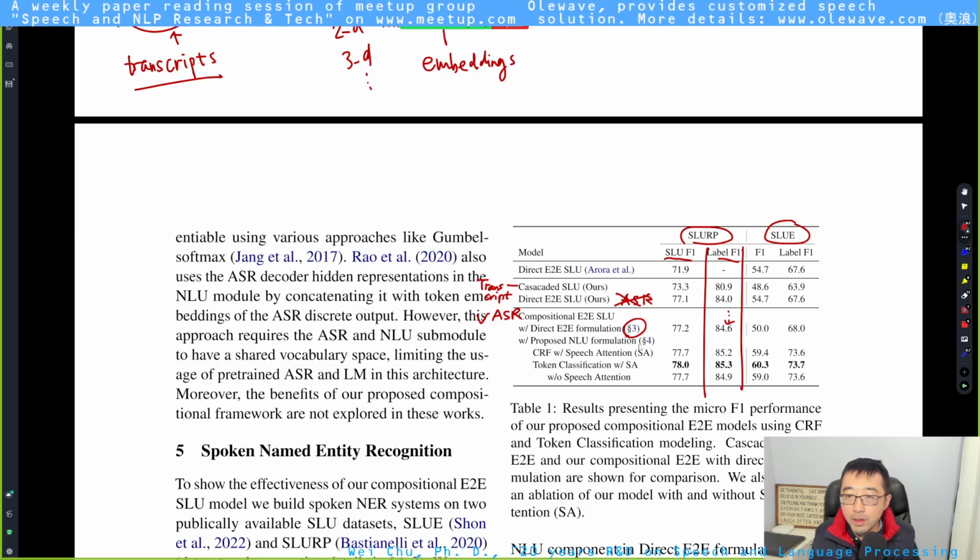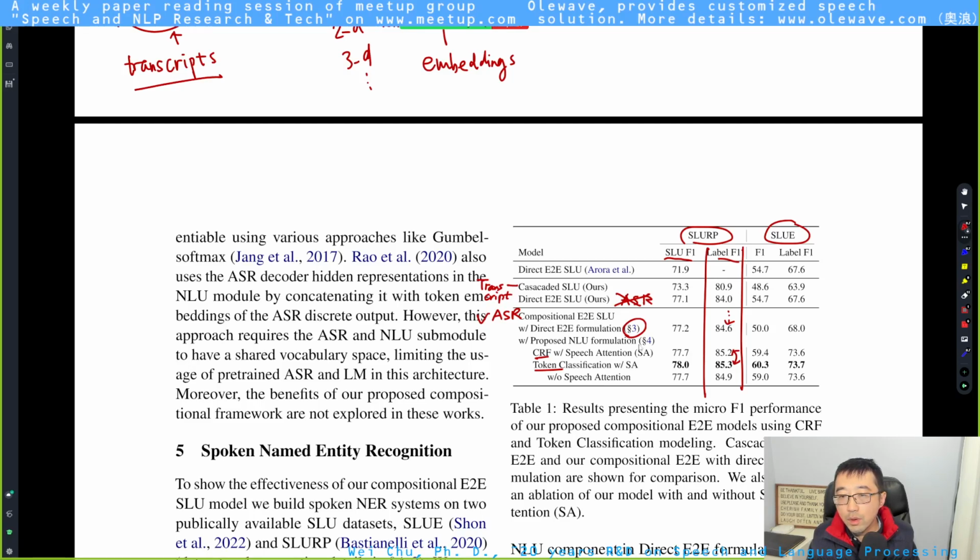That's with the proposed NLU formulation, for which I spent lots of time explaining the network architecture. When they're using the CRF model to do the prediction, they get about 85.2. When they're using token classification, I would say there's not much difference between these two, so I would roughly assume these two are the same.